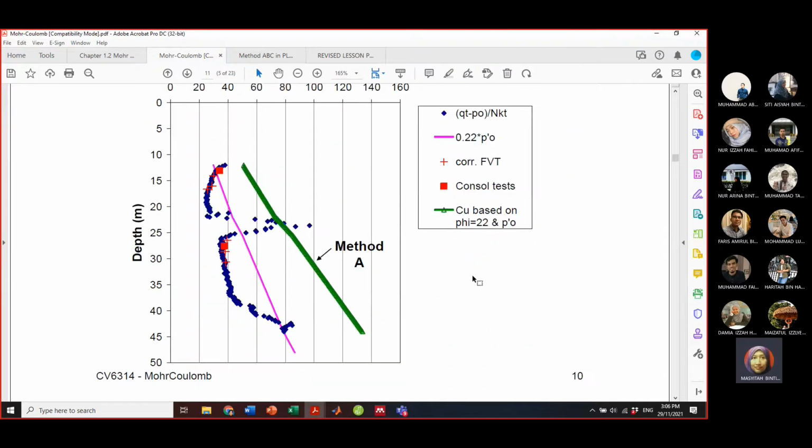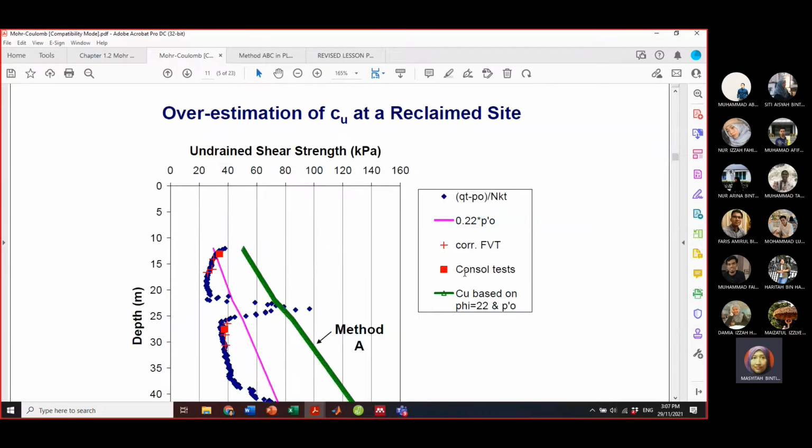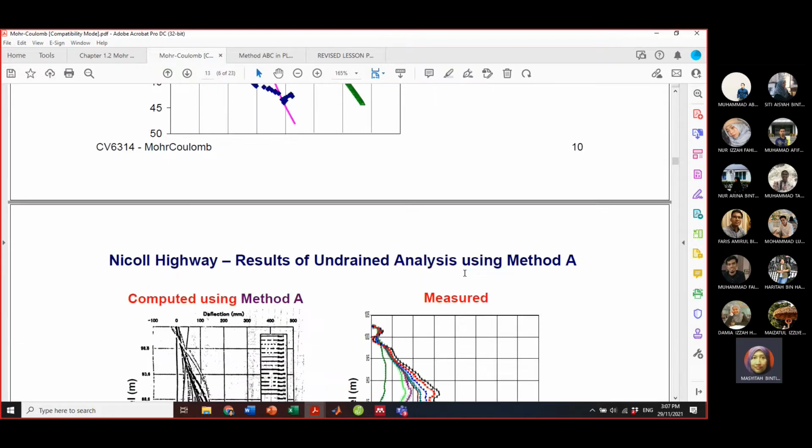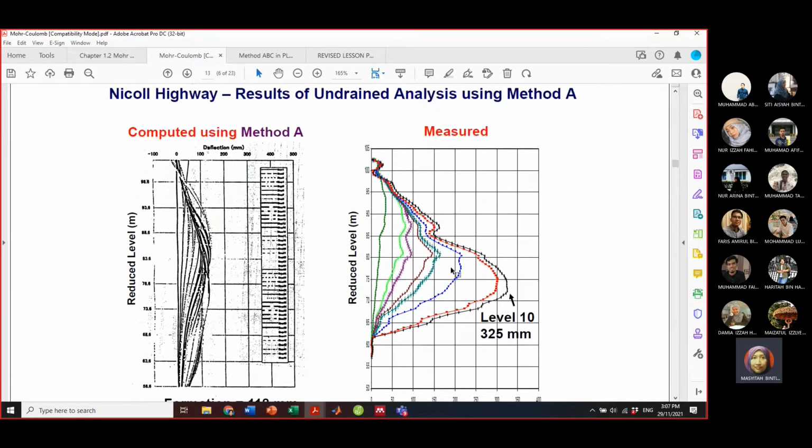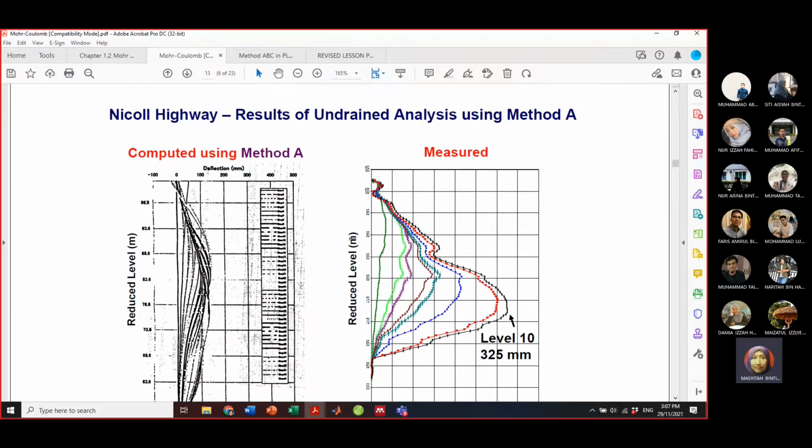Okay, this is another comparison kalau different method, let's say method A dan juga method B and etc. Okay, yang ni case yang kalau you buat this one dia ambil daripada past articles computed using method A, yang measured data is like this tau sebenarnya.